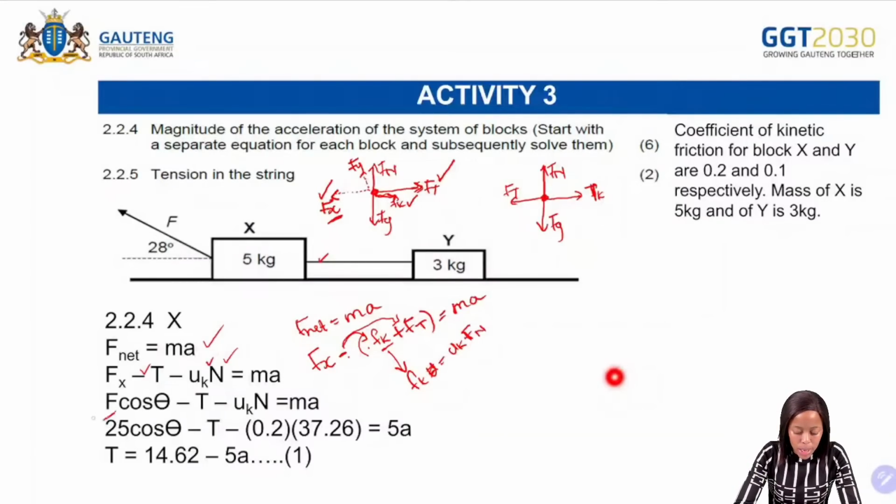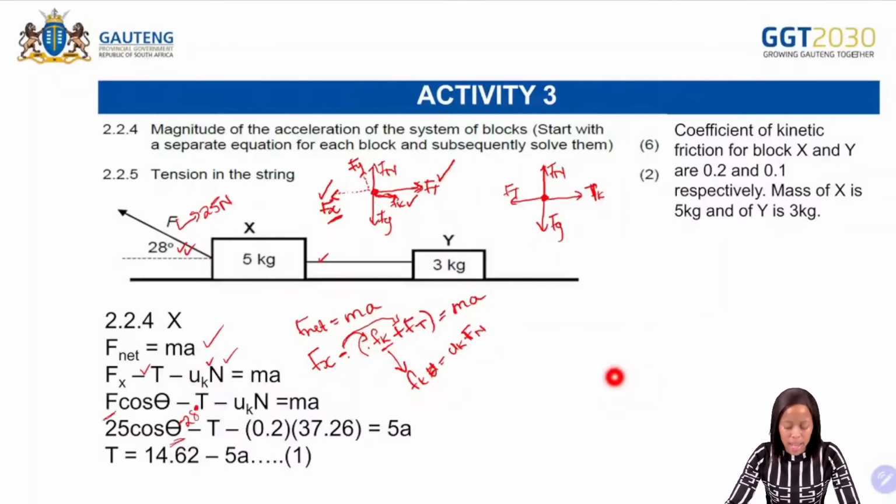So from there, we are saying that what is it that we have as the force? Remember this one, it was given as what? It was given as the 25 Newton. And then next, so it's going to be 25 cos of 28 degrees there, because the angle there is given as what? The angle is given as 28 degrees.